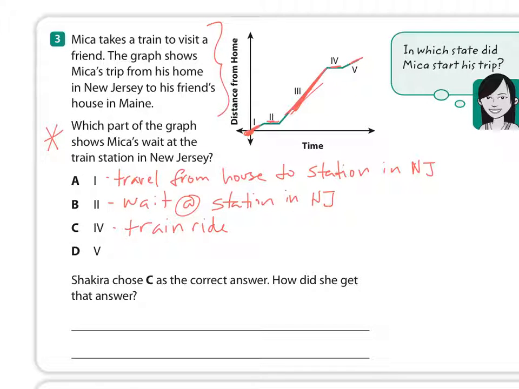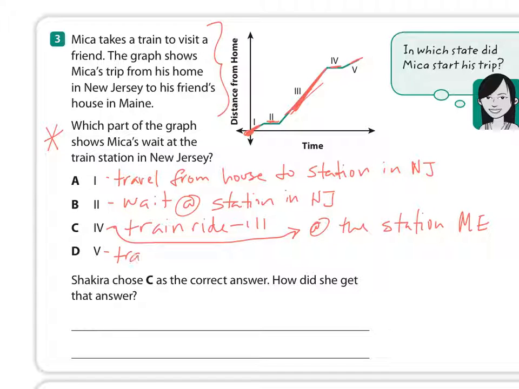Section 3 actually increases very rapidly. Section 4 is the highest point and then it goes down the rest of the day. Hopefully you did well on that.